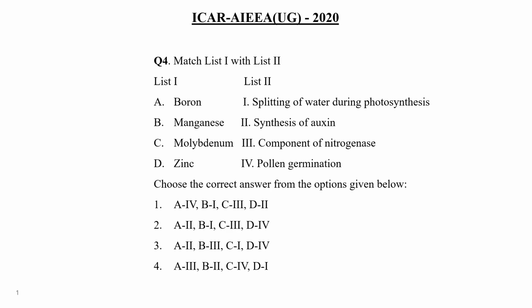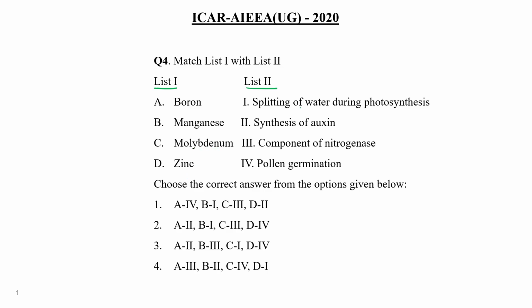Now next, okay, matching is there. List number 1 and list number 2 we have to match. They have given us some mineral elements in list number 1 and their action in list number 2. So boron, manganese, molybdenum and zinc.